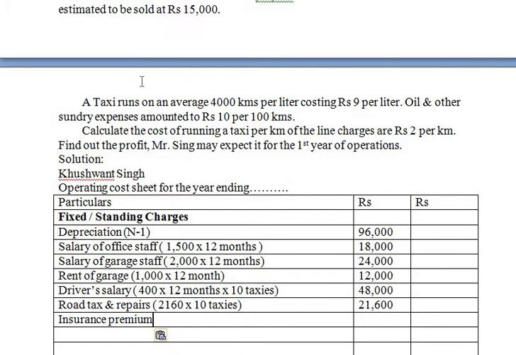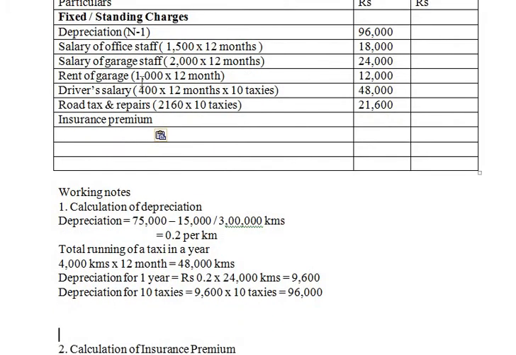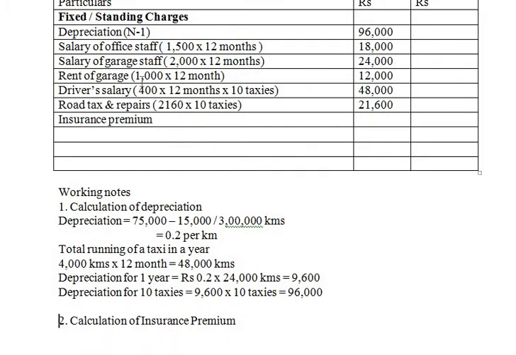So for that we will have one working note. Second working note, calculation of insurance premium. So cost of taxi is 75,000 into 4%, which will be equal to 3,000.